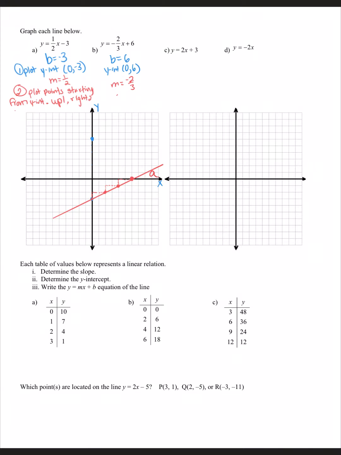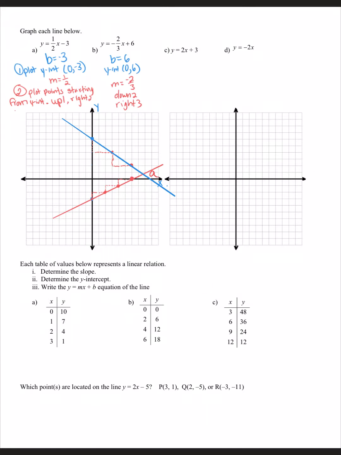That means we're going to go down 2 and to the right 3. So again, from that y-intercept where we just started, we're going to go down 2 and over 3, down 2, over 3. Then you will again make your straight line.